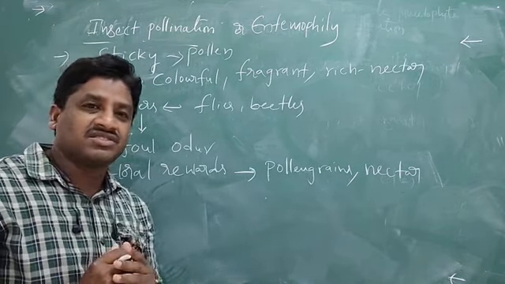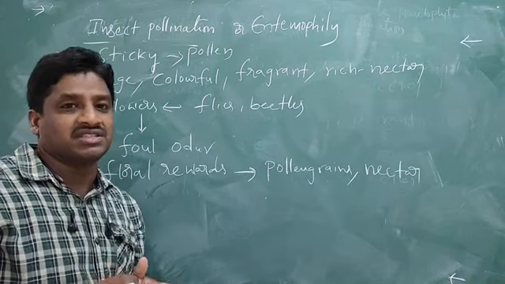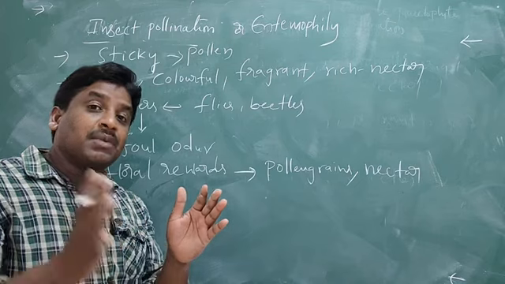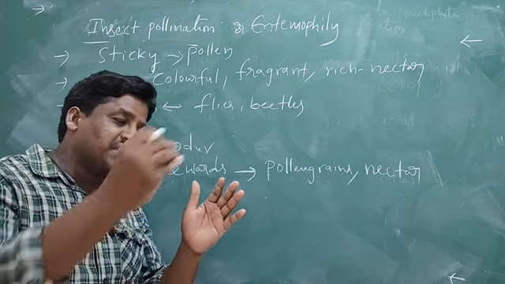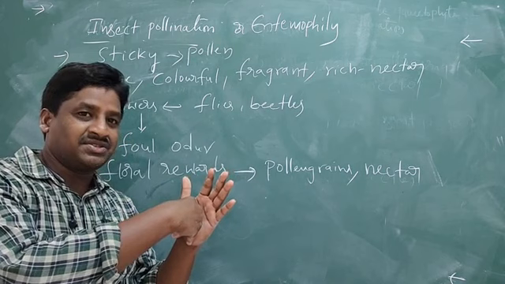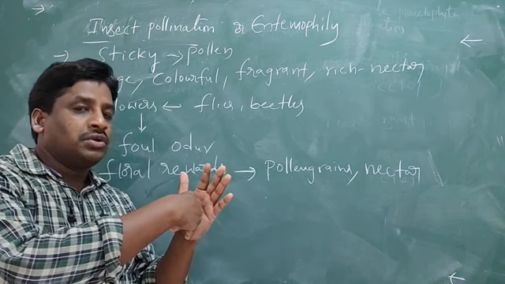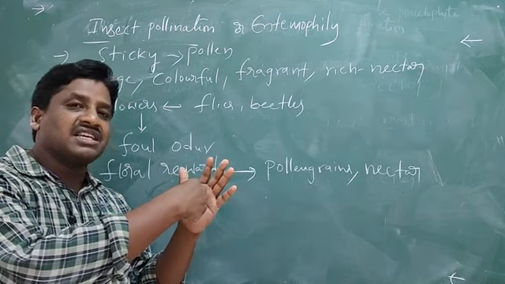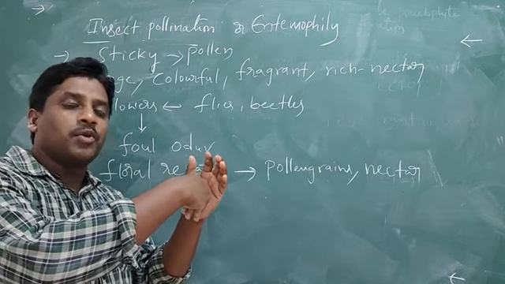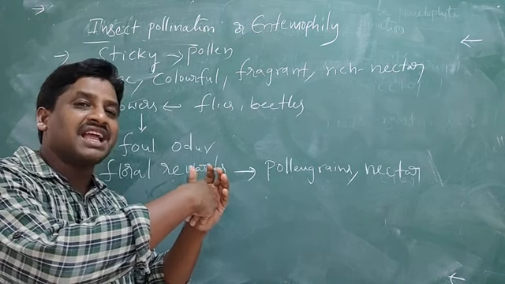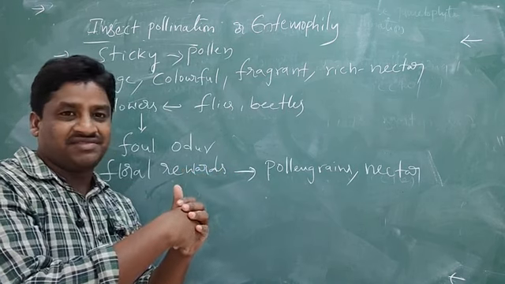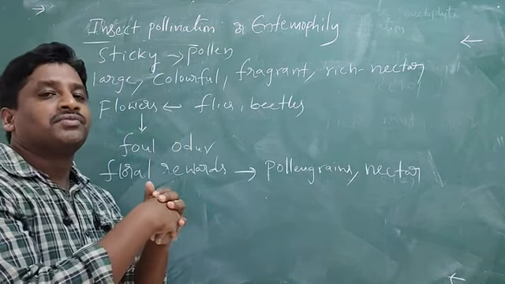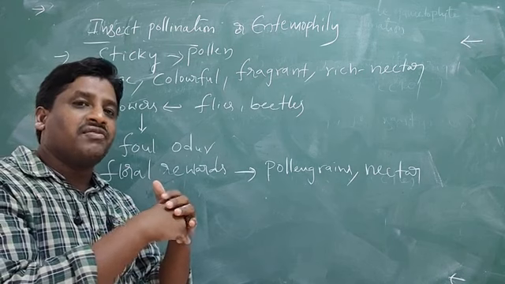are harvested from the flowers. During such a time, some of the animals visit such a plant. So what happens? When the animals reach such a plant, pollen grains and nectar get attached to the body of the animal. They get attached to the body of this animal.